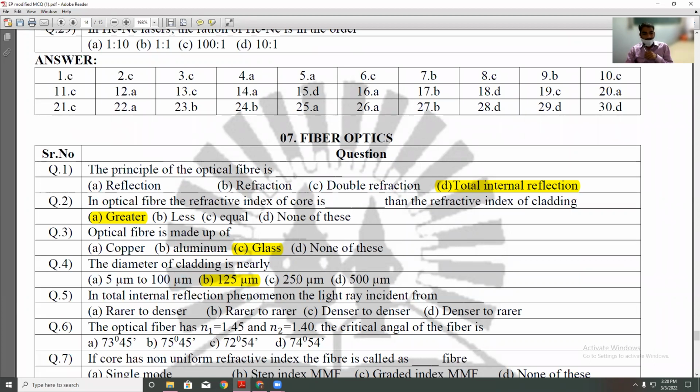Good. Total internal reflection phenomenon: the light ray is incident from rarer to denser, rarer to rarer, denser to denser, or denser to rarer. Which one is the correct option? Denser to rarer. Very good. Denser to rarer.